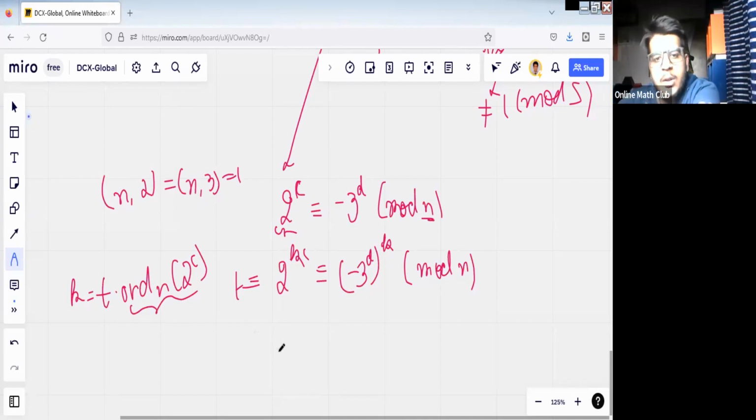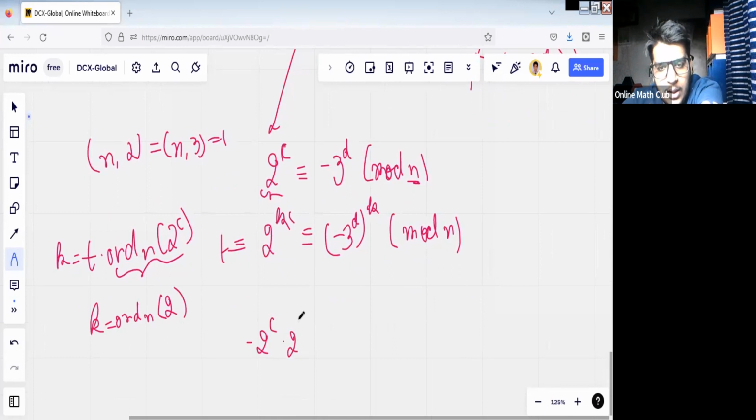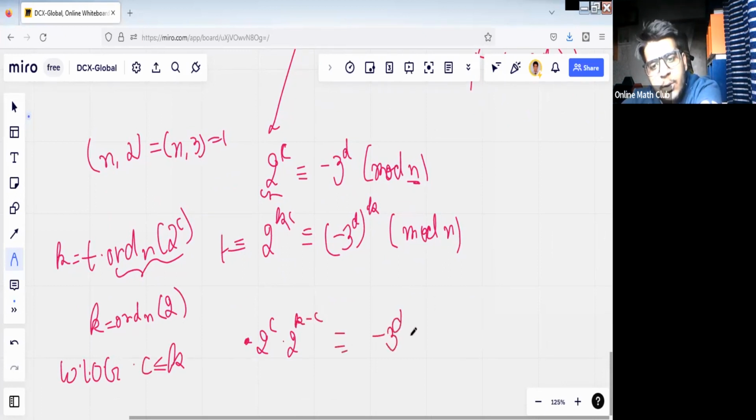Okay, but here's a better solution, along these lines only. Let k be the order of 2. Also, without loss of generality assume c is less than k. So multiply by 2^(k-c): minus 3^d * 2^(k-c) mod n.